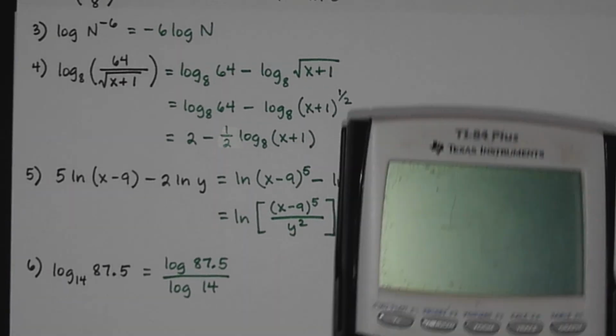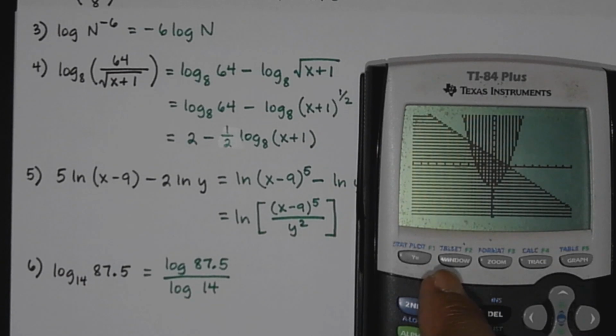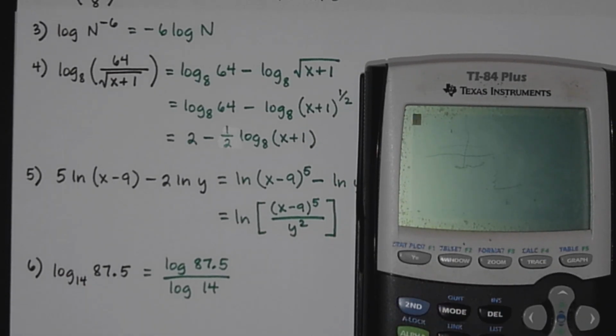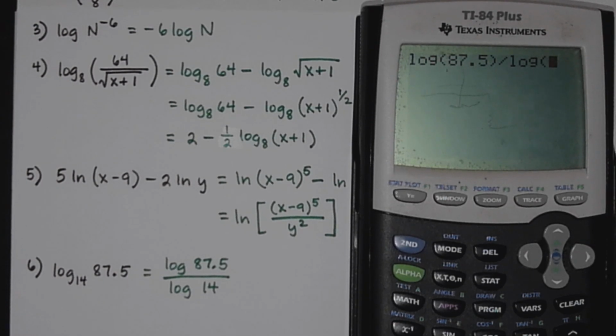All right, so using a calculator, we press the log key or the ln key, whichever you're using, and then 87.5, close parentheses. Then that's going to be divided by the log key or the ln key, 14, close parentheses.